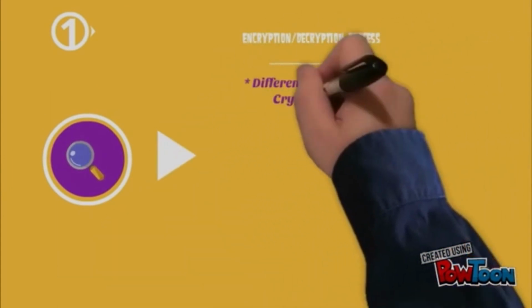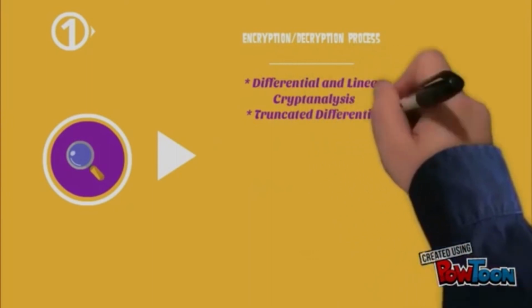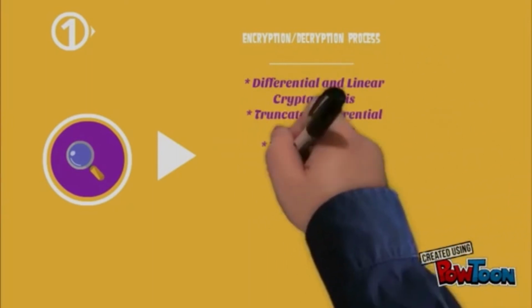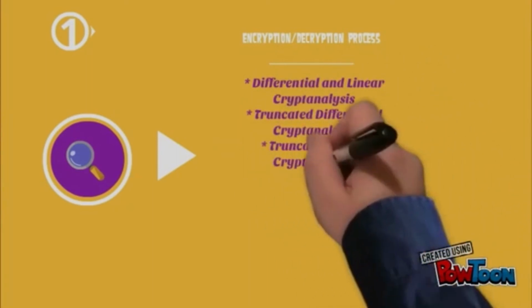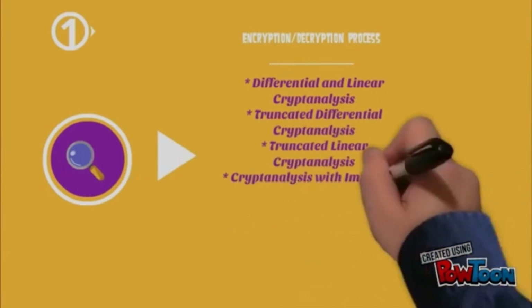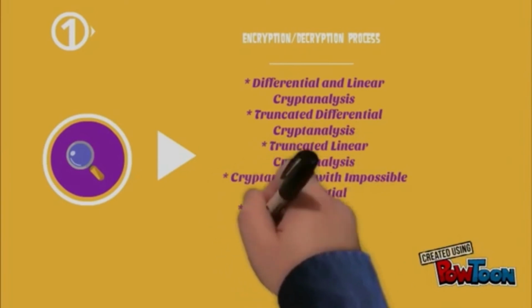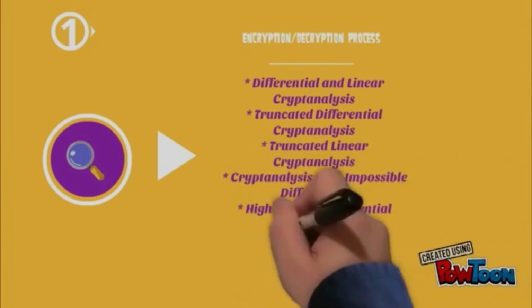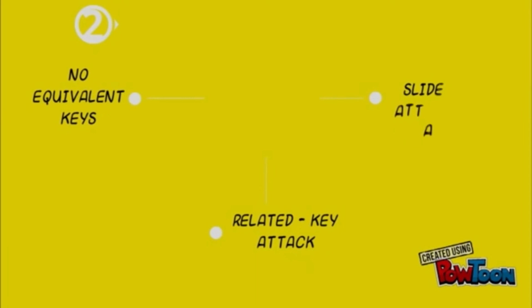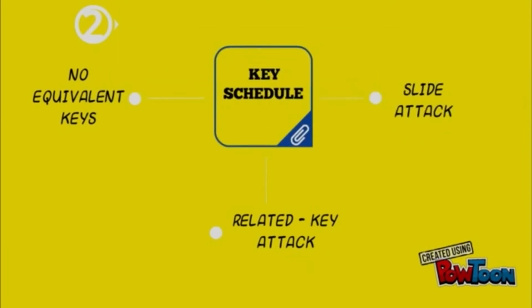Encryption-decryption process: differential and linear cryptanalysis, truncated differential cryptanalysis, truncated linear cryptanalysis, cryptanalysis with impossible differential, higher order differential attacks, and interpolation attack. Key scheduler: slide attack, related key attack, non-evaluated keys.